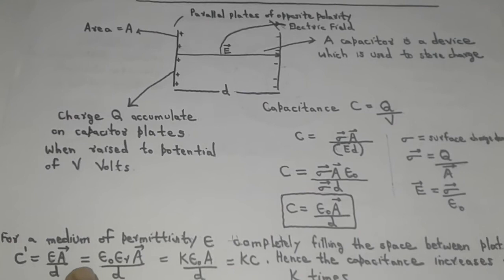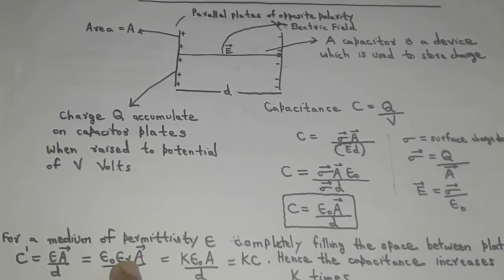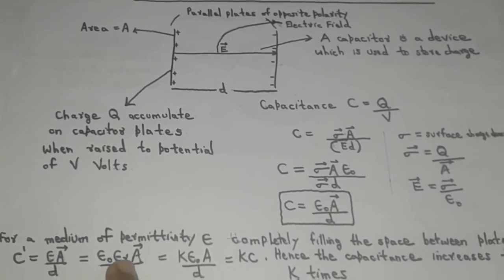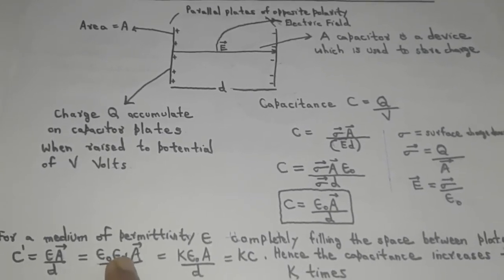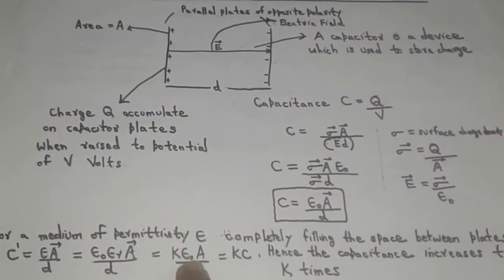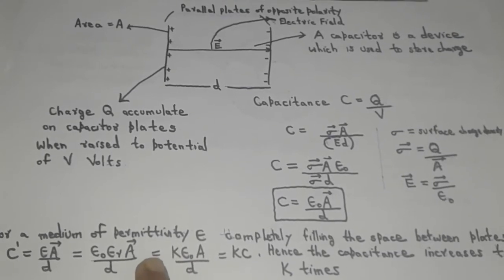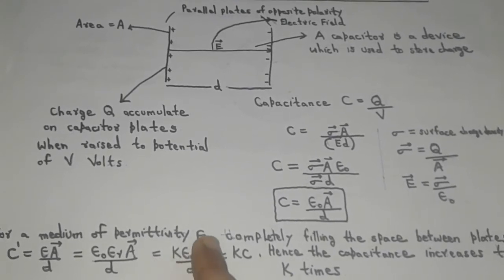This can be further written as epsilon naught epsilon r A upon d, where epsilon r is called the relative permittivity or the dielectric constant of the medium. So we can represent the dielectric constant with letter K. So it can be written as K epsilon naught A upon d.